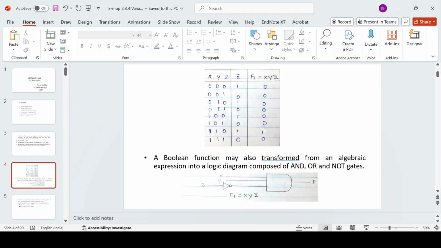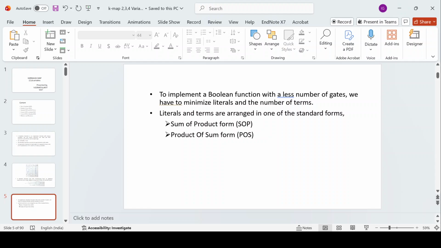So in that, the given function is represented in the form of a table and a logic circuit. To implement the Boolean function with fewer gates, we should minimize the literals and the number of terms. The terms can be represented in two forms, that is SOP and POS.